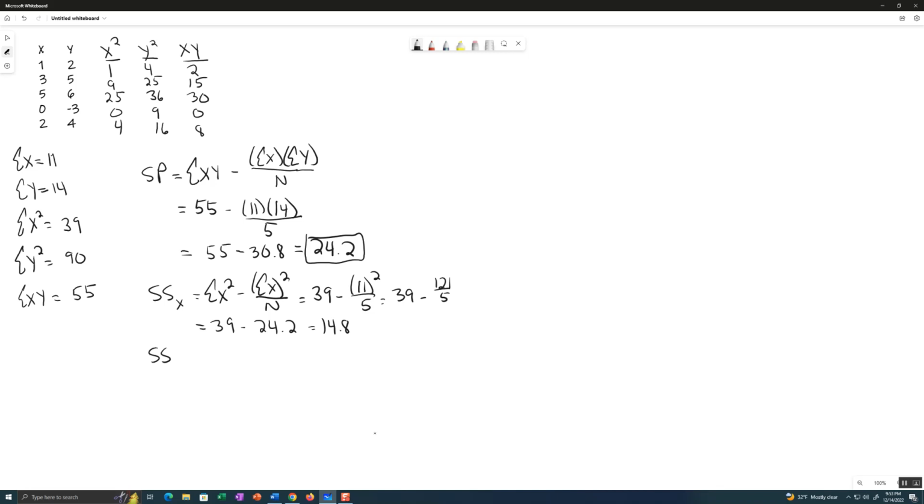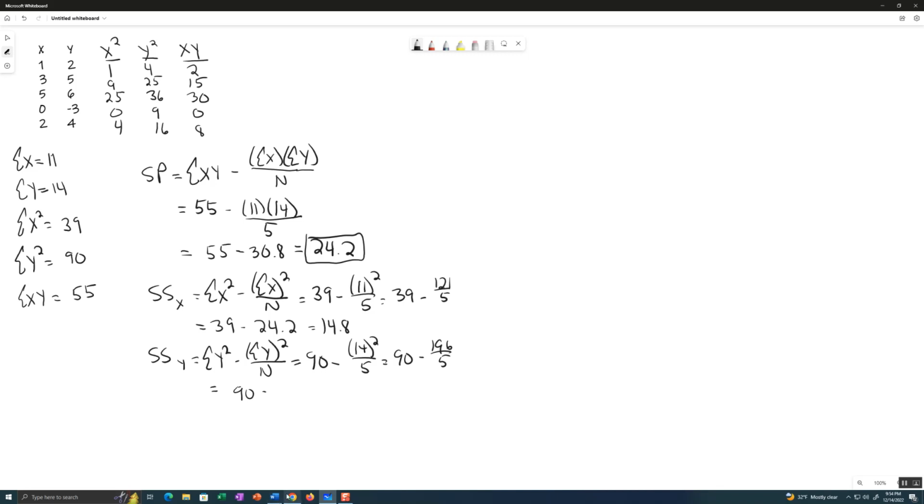And then we're going to want to find sum of square y, which is the sum of y squared minus... So this is just like what we did with variance way back when. We're just plugging in here 90 for sum of y squared, sum of y is 14 squared over 5. That gives me 90 minus 196 over 5.